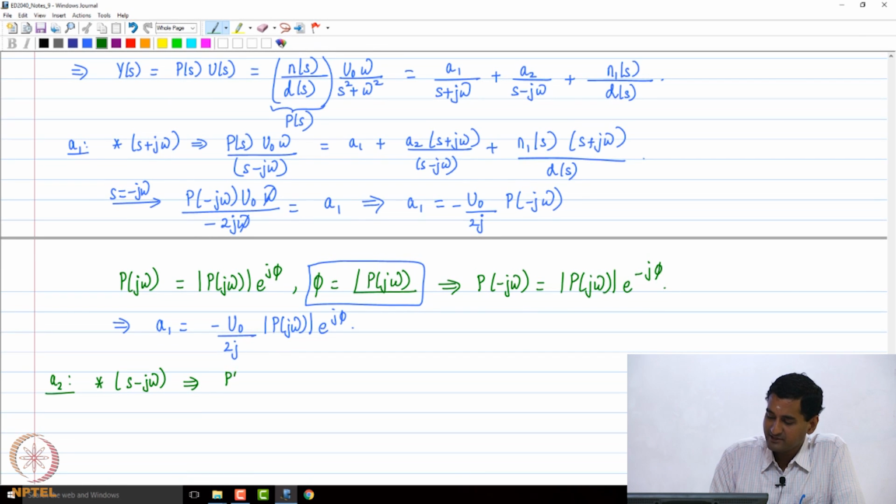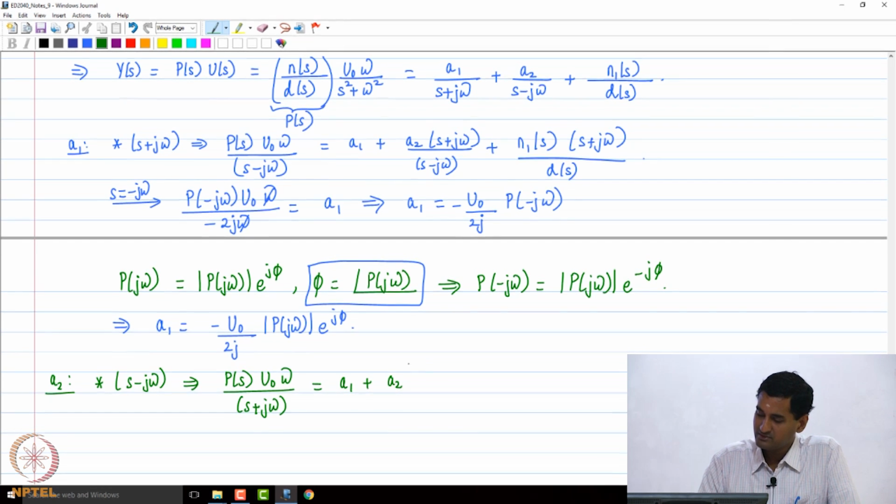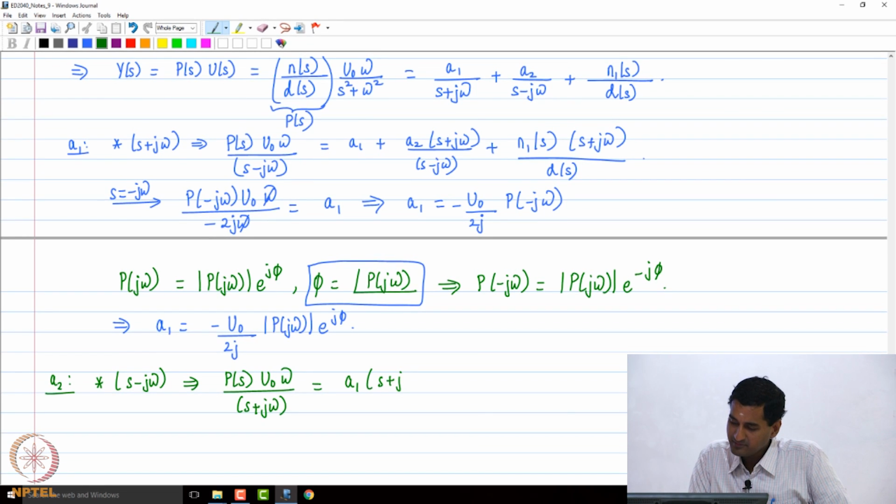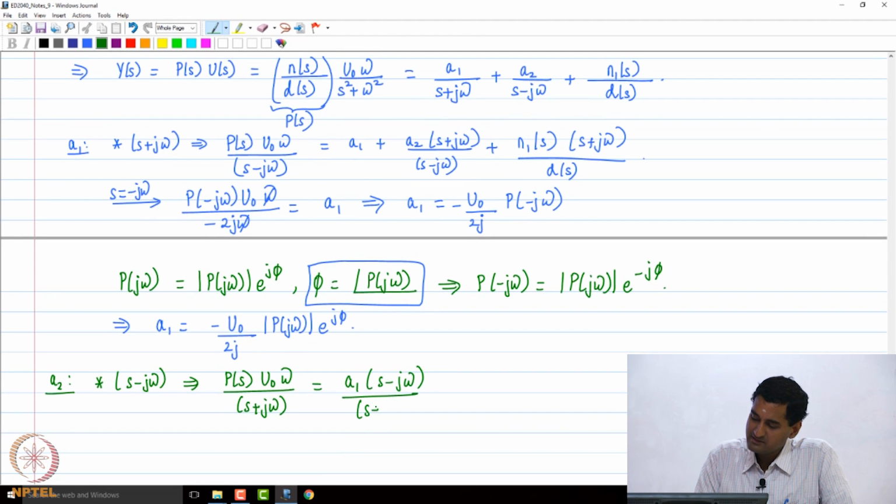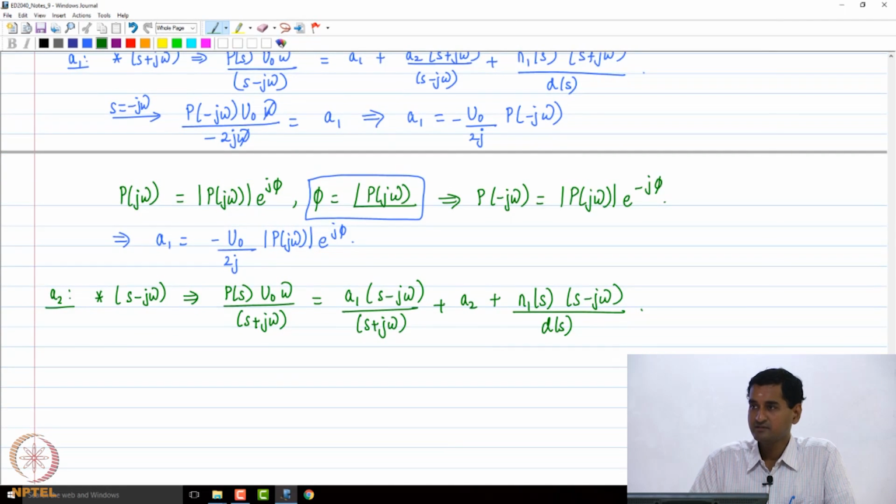So, I will get P of s u naught omega divided by s plus j omega, that is going to be equal to A1 s minus j omega divided by s plus j omega plus A2 plus N1 of s, times s minus j omega, divided by d of s. So, that is what I will have.